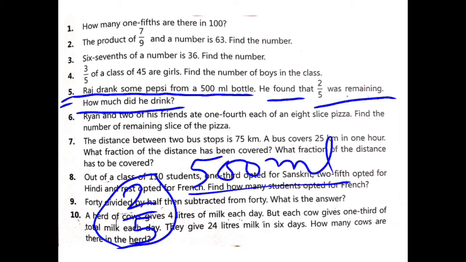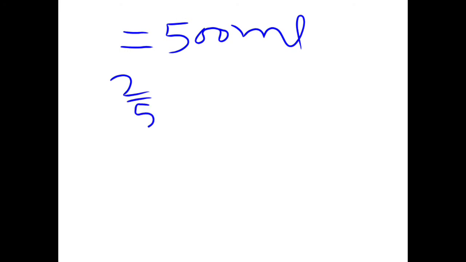So how will we find out? Just write the statement. Amount of Pepsi in bottle equals 500 ml. And the amount of Pepsi left in bottle equals 2 upon 5th. Then what will you do? You just find out the remaining amount.